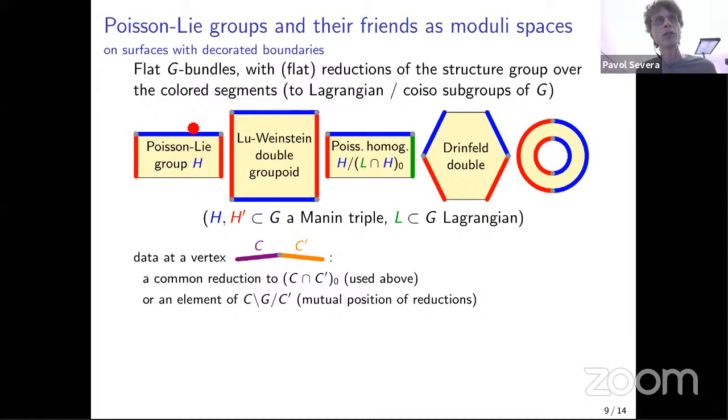This thing is going to be just the Poisson Lie group. The only thing that we have here is the holonomy from this vertex to that vertex. That's the only invariant thing which remains. So this moduli space is simply equal to H, and the Poisson structure is the Poisson structure on H. And it's reasonable that it looks like half of this double groupoid. That's what it should be.